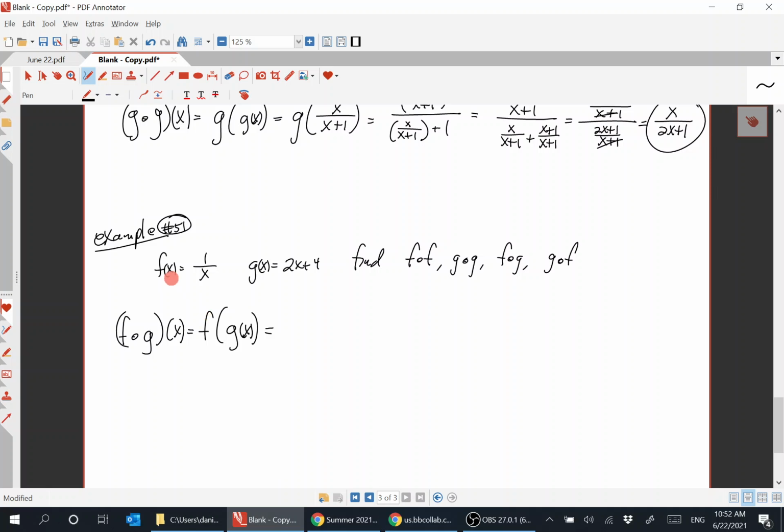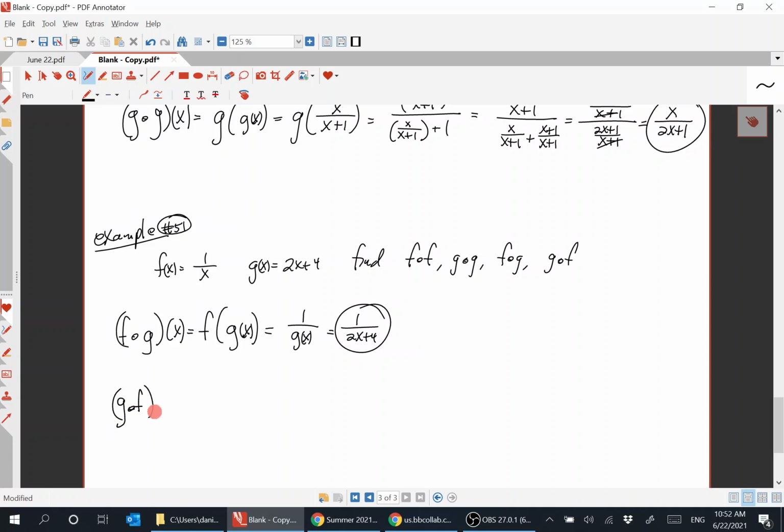All right, f of x is 1 over x, so f of g is 1 over g. And then g of x is just 2x plus 4. So that's f following g.